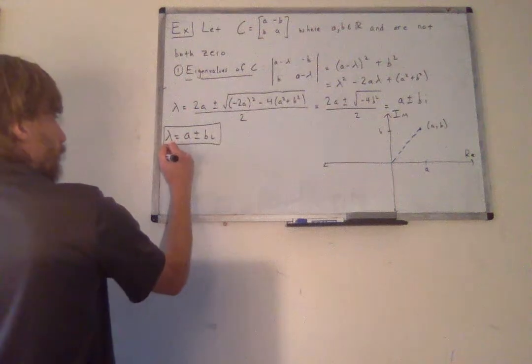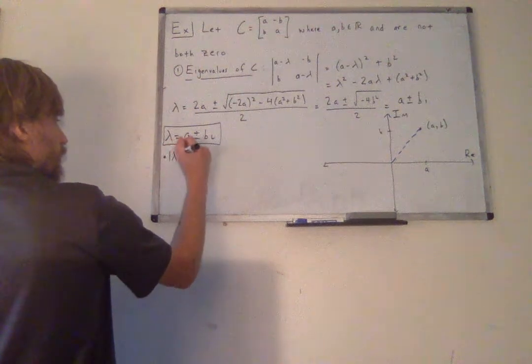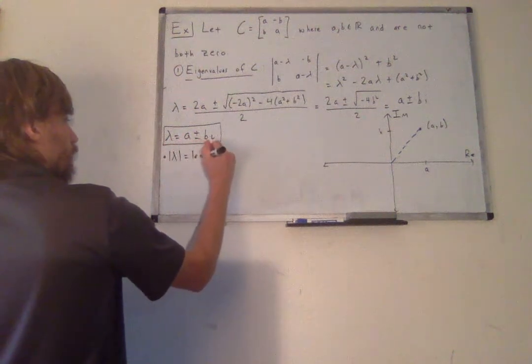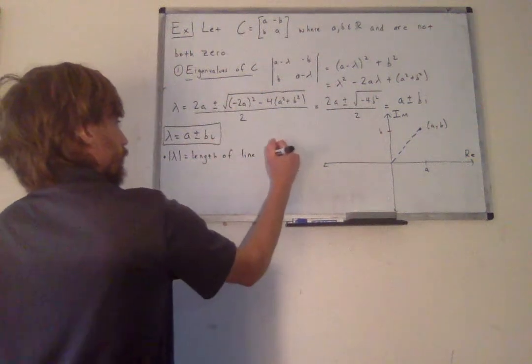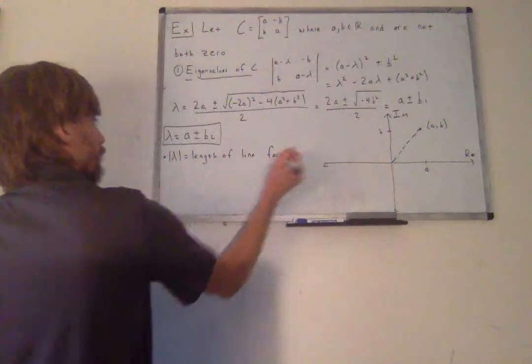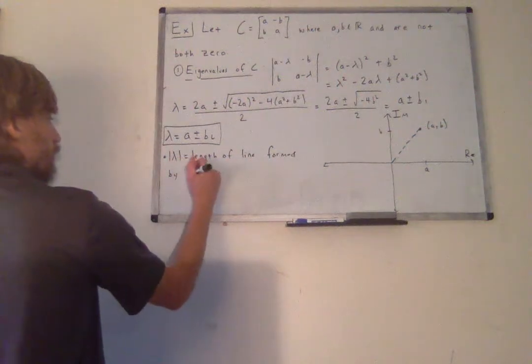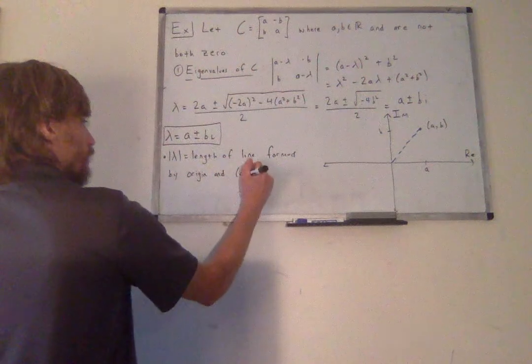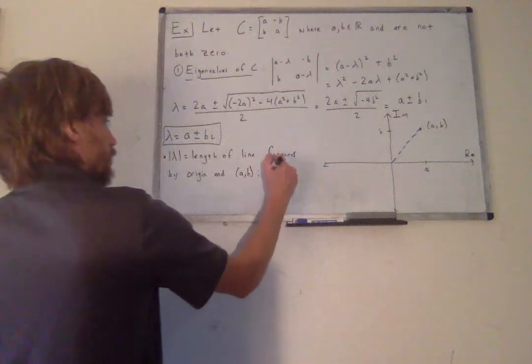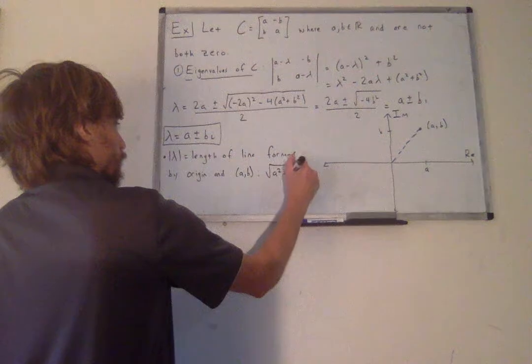So remember that this is equal to the length of the line formed by the origin and (A, B), which is just equal to, remember, the square root of A squared plus B squared.